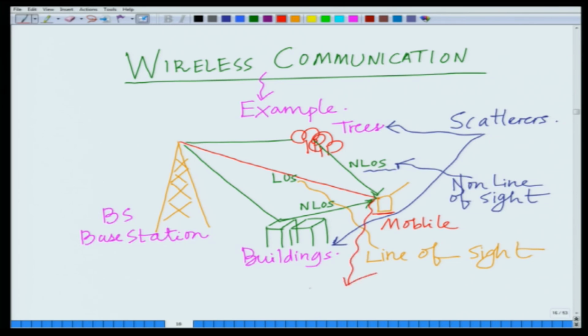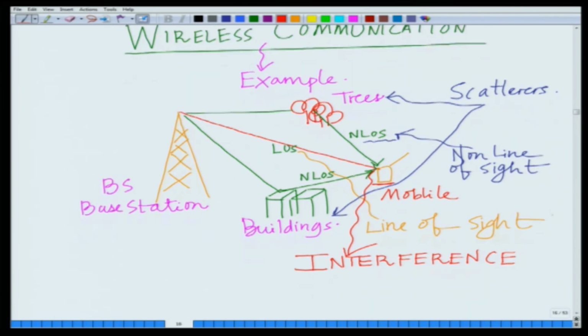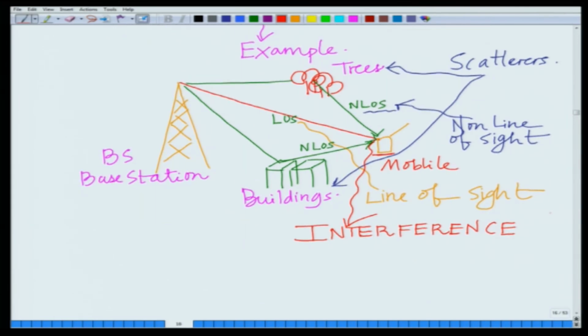These several signal components are going to cause interference. So, these multiple signal components cause interference at the mobile receiver.